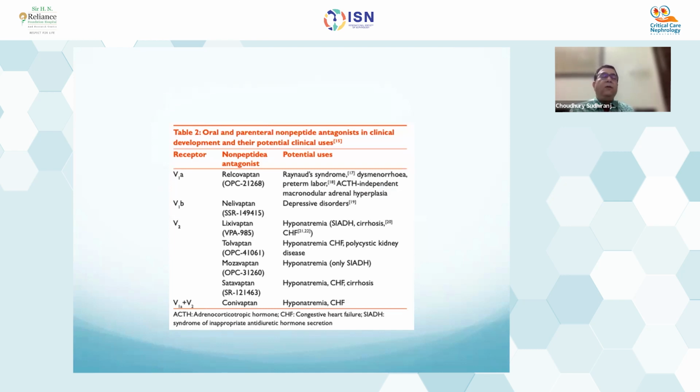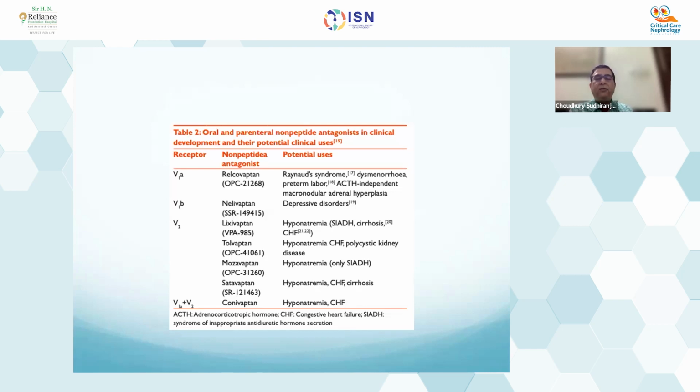What is the concept of use of vaptans in renal failure patients? Let us say the patient is having creatinine of 3.5. So in that scenario, whether it will work. So theoretically, the patient with creatinine value of 3.5 will be having eGFR less than 30.